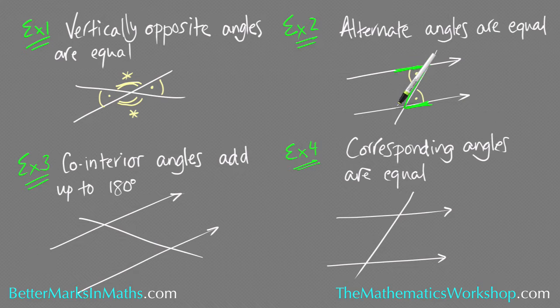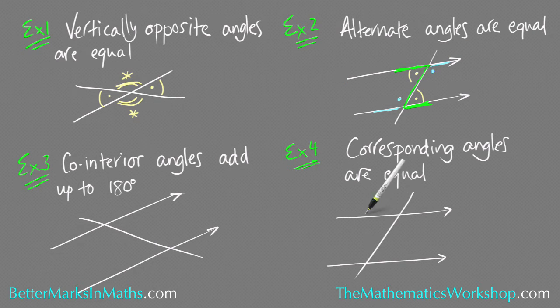And I could have drawn the Z going this way, which would mean the angle there and the angle there are equal. So there's the Z over here, then up and then across. It's just a funny looking Z, but alternate angles always make a Z and they are equal in size.